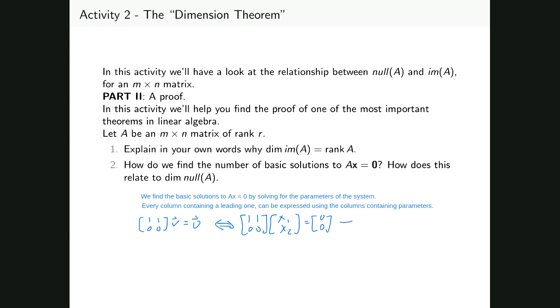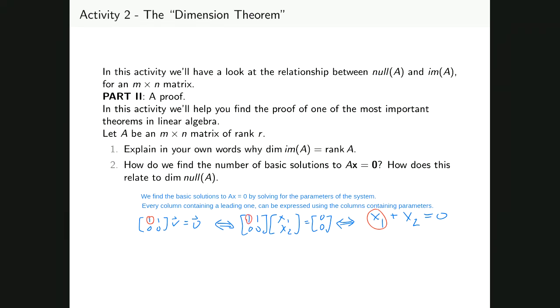Now we convert this into a system of equations. This guy here corresponds to this leading one here and here.